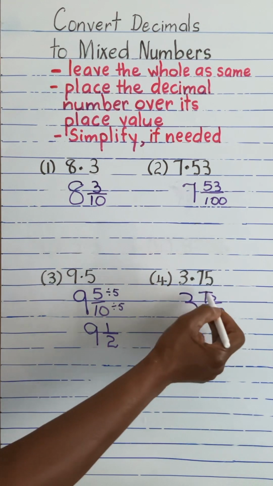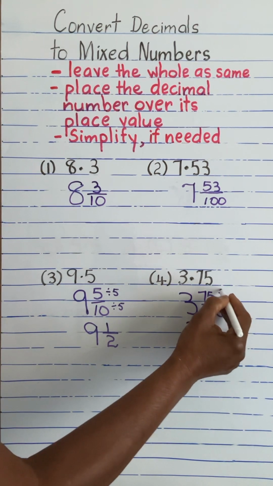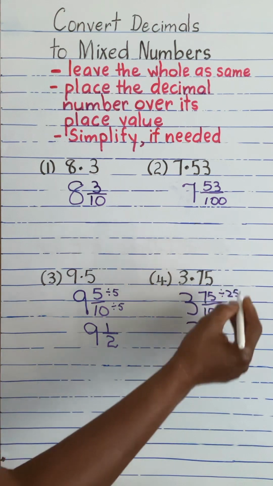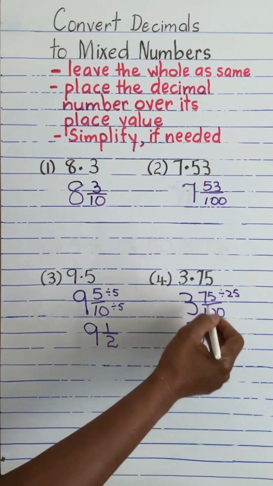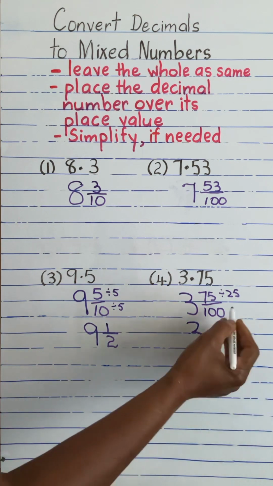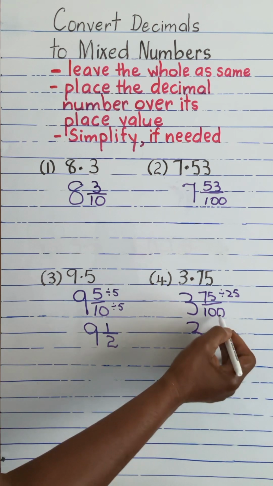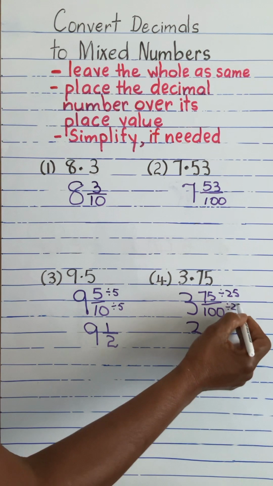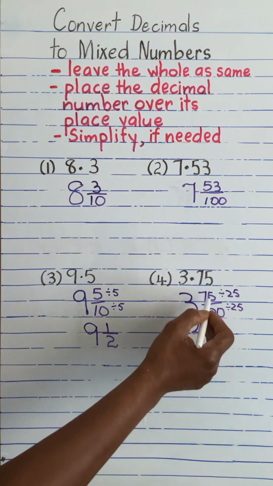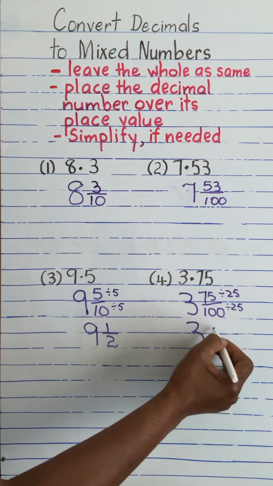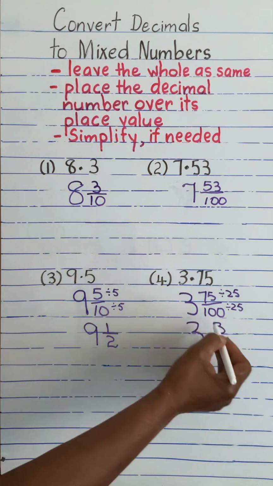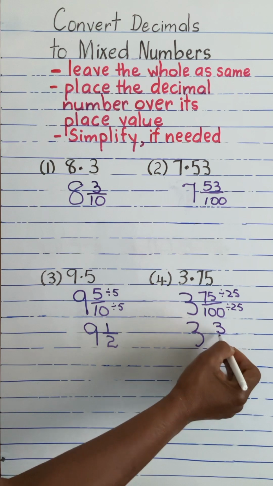Okay, so let's do it by the 25 first. Divide by 25 and then I'll show you how to do it by breaking it down and then breaking it down until it goes to its lowest term. So the highest common factor of 75 and 100 is 25. 75 divided by 25 is 3, and 100 divided by 25 is 4.